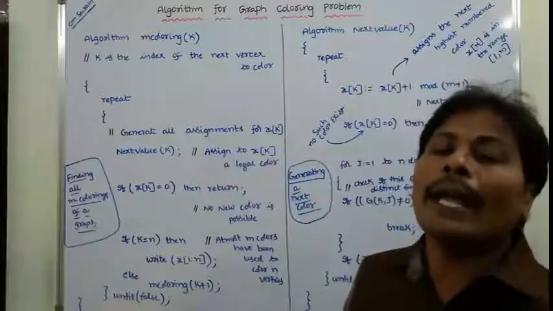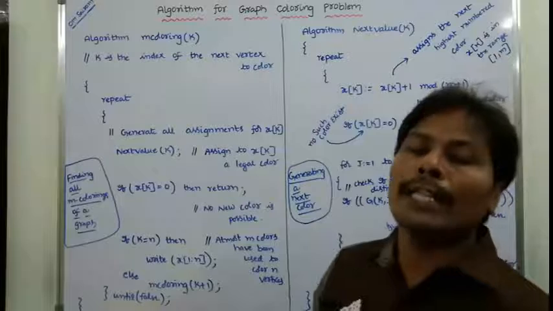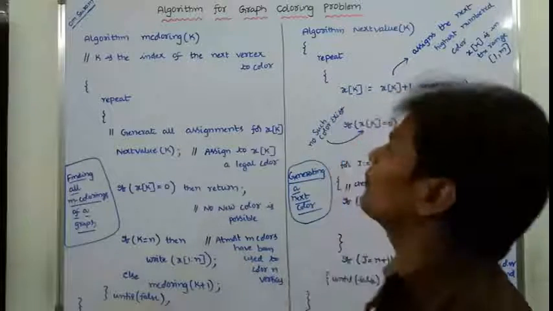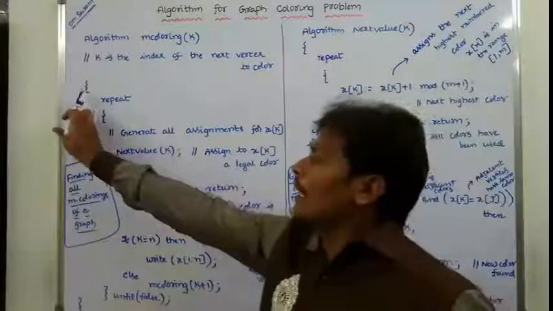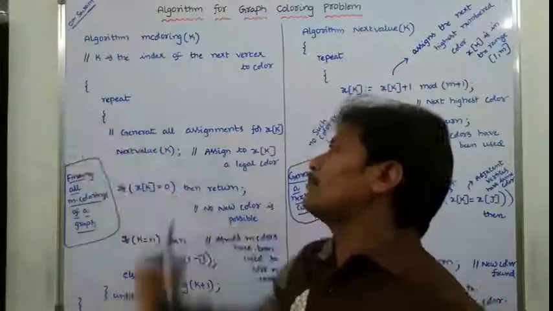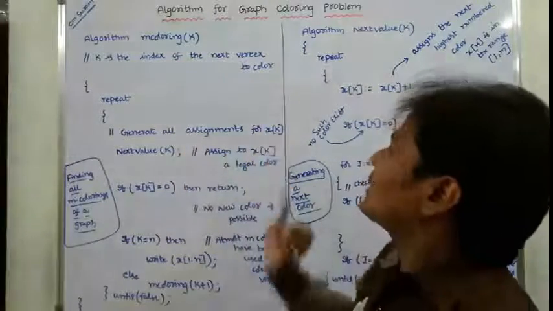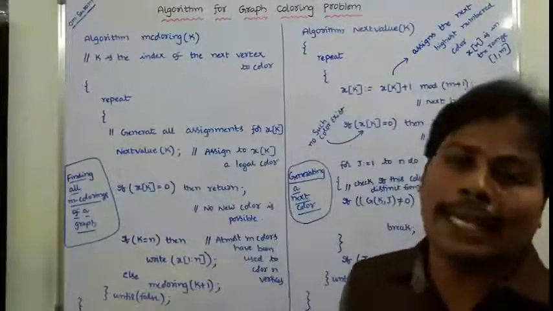K is the index of the next vertex we have to color. Begin, repeat, begin. Generate all assignments for x of k.